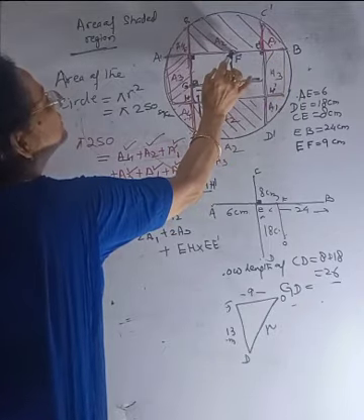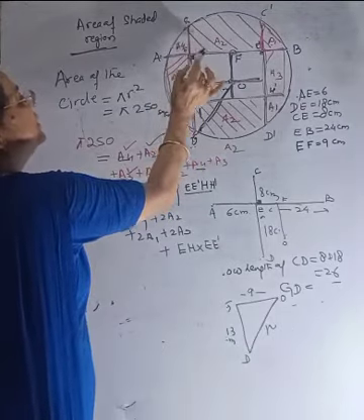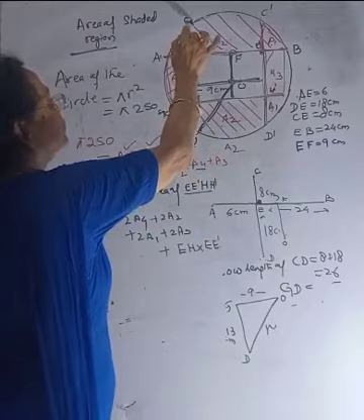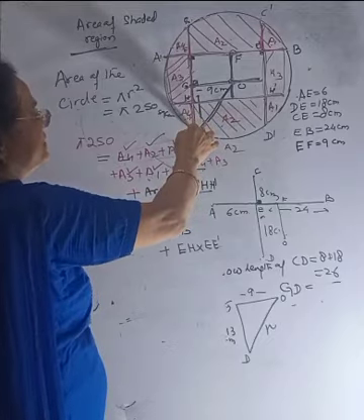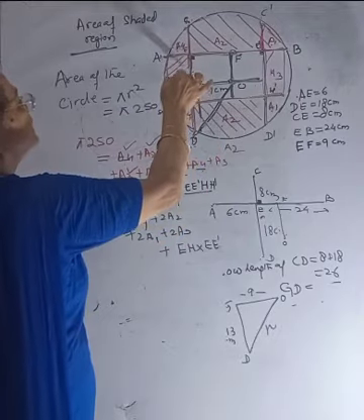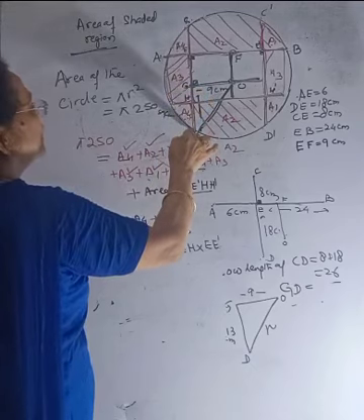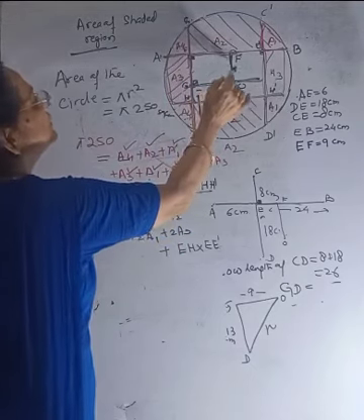Half of this is 15 and this was given to us 6. 15 minus 6 is equal to 9. Same, total length was 26. Half of this is 13. This length was given equal to 18. 18 minus 13 is equal to 5.